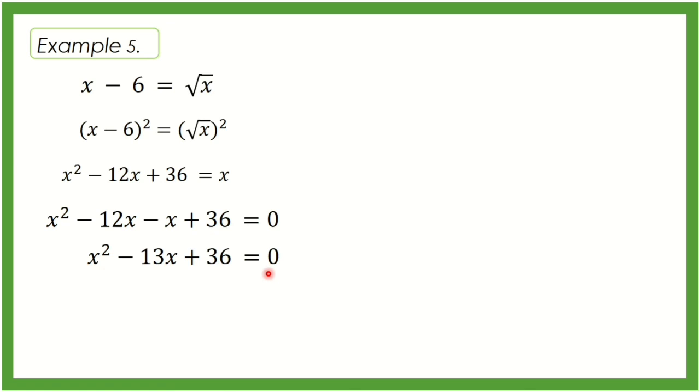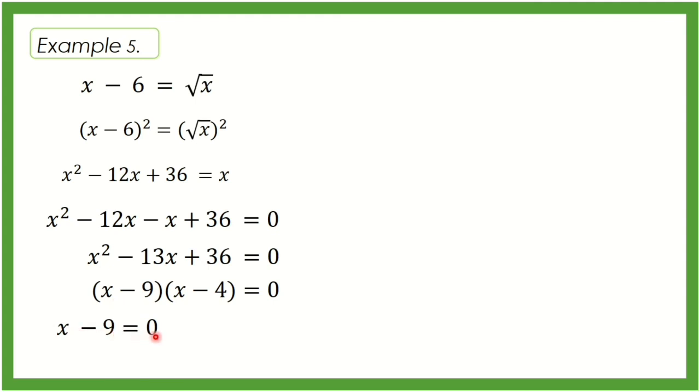Para mahanap natin yung solution, apply natin ang factoring. Isip tayo ng factors ng 36 na ang sum ay negative 13. Yun ay negative 9 at saka negative 4. Ang factors ng x square ay x at saka x. Then, equate natin each factor sa 0.